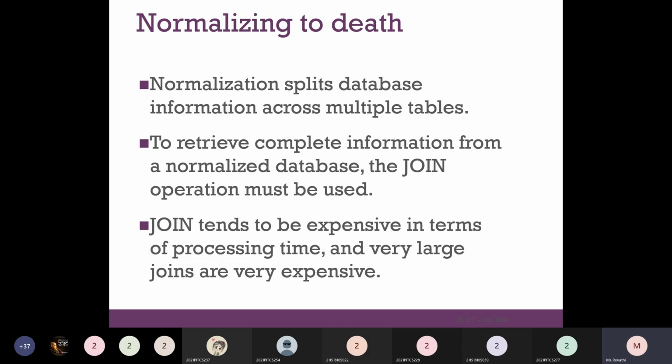With respect to SQL, join tends to be expensive because it consumes more processing time. If you have decomposed the table into n number of tables, we have to apply large joins to bring a unified relation. So it leads to very expensive processing time. A completely normalized relation will not be considered an efficient solution, so we can limit our normalization to the third normal form. That's enough.